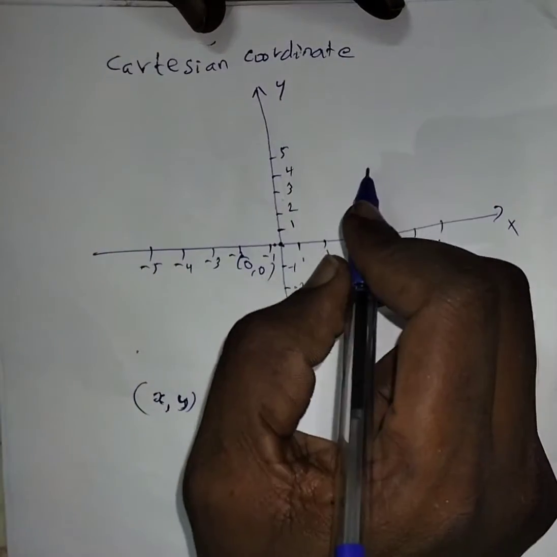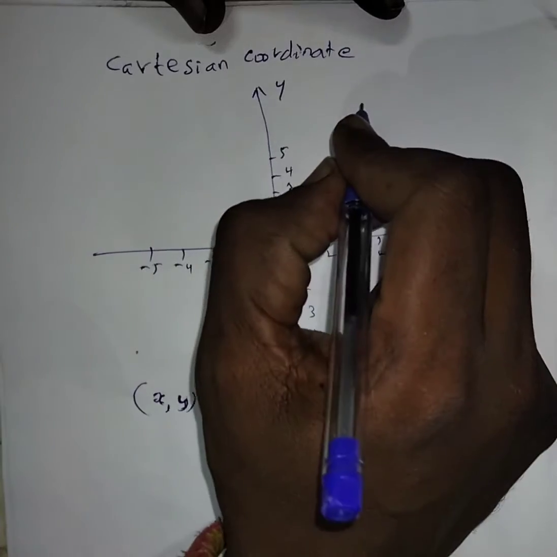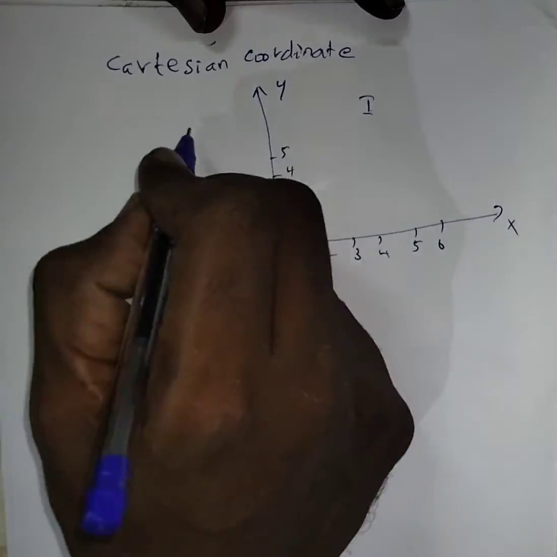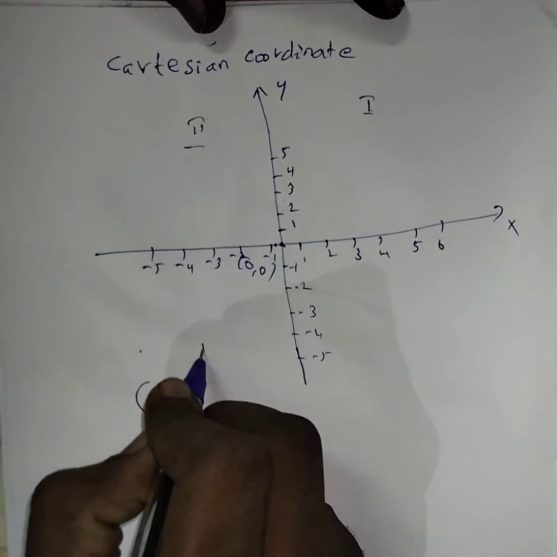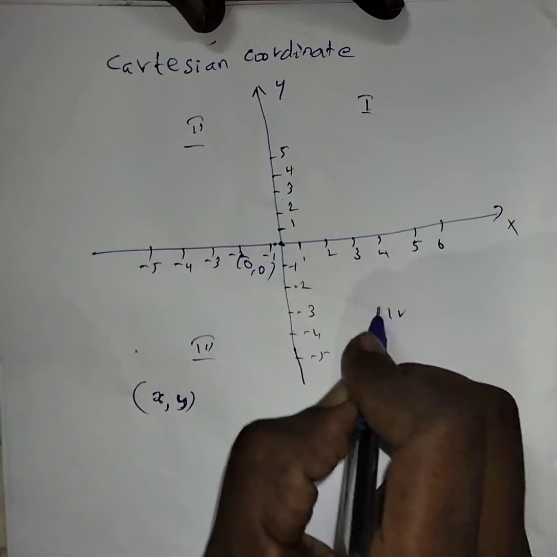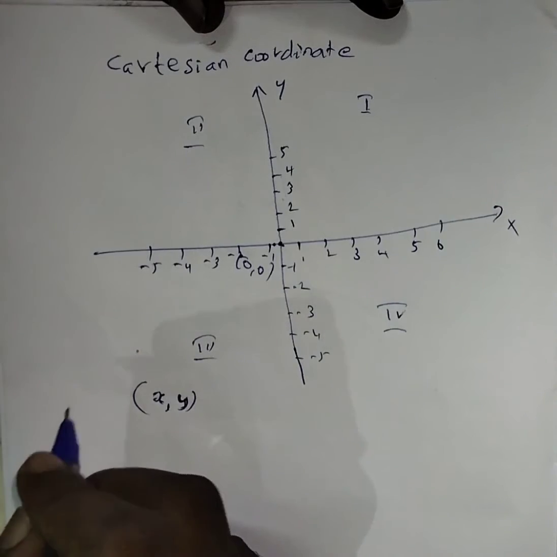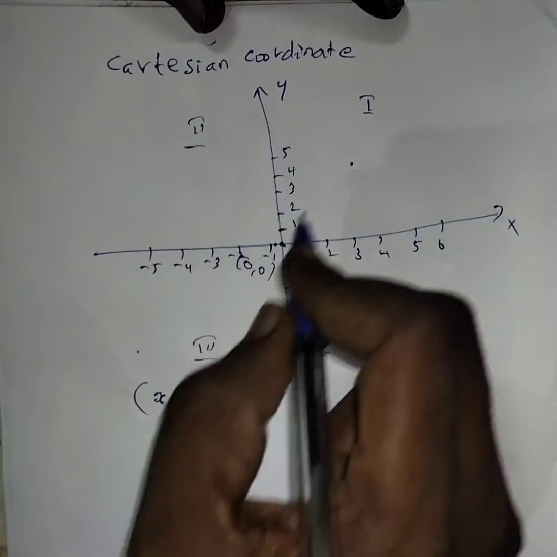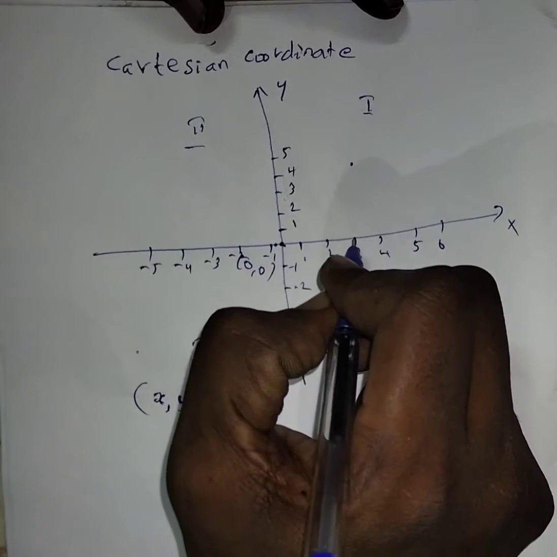If you take any point in this area, we give the name first quadrant. Likewise, we name them first quadrant, second quadrant, third quadrant and fourth quadrant. For example, take one point in the first quadrant. The x value is positive.